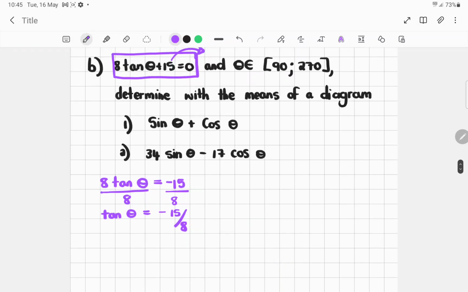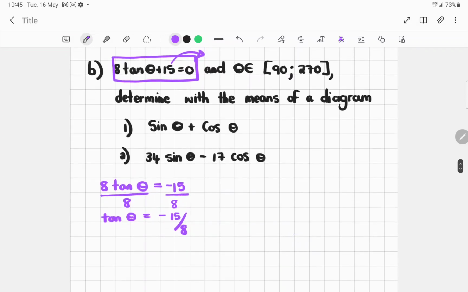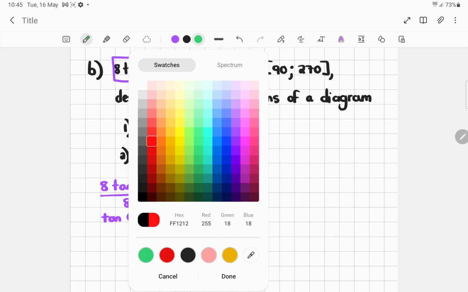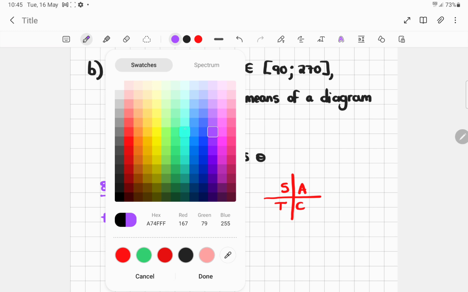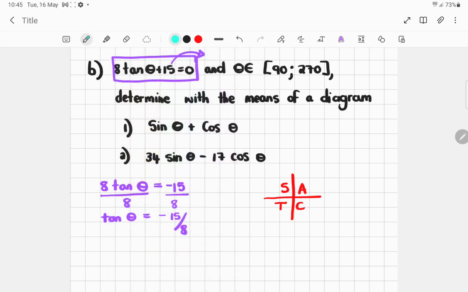So we want to see in which quadrant we're going to draw our diagram. Very important. If you have your CAST diagram over here and they say that tan is negative, that's why solving your equation correctly is very important.